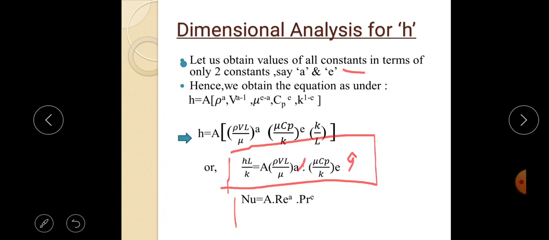So now we can write it as Nu is equal to A Re raised to a Pr raised to e.